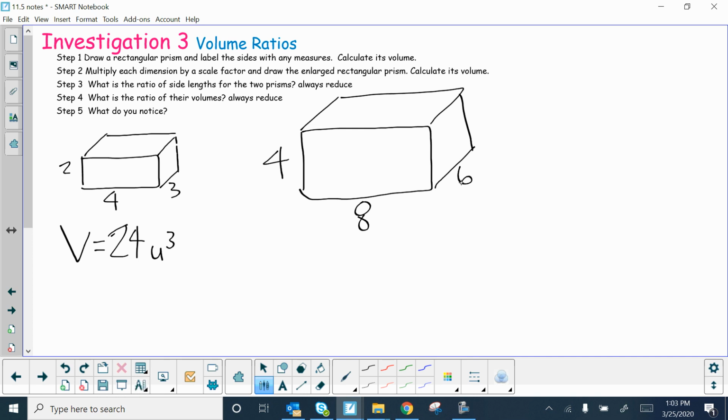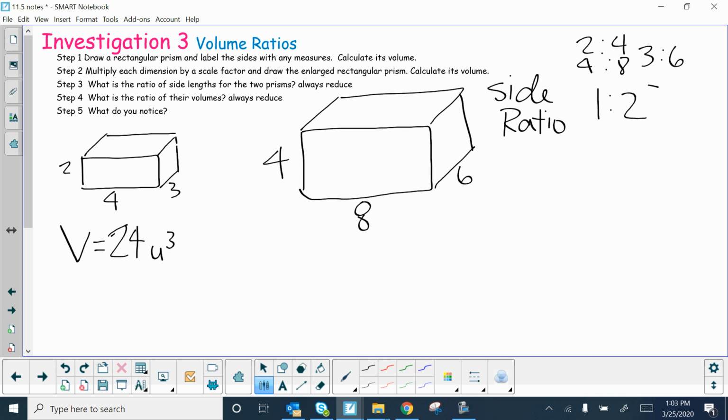Now, since all the sides got twice as big, our side ratio is 1 to 2, because all the sides got 2 times bigger. It went from 2 to 4, 4 to 8, and 3 to 6. So all of those reduced to 1 to 2.